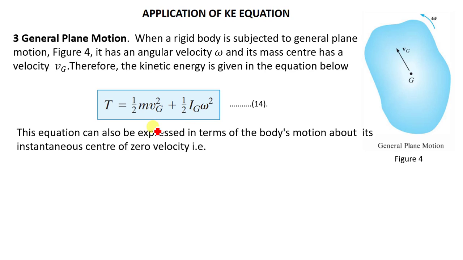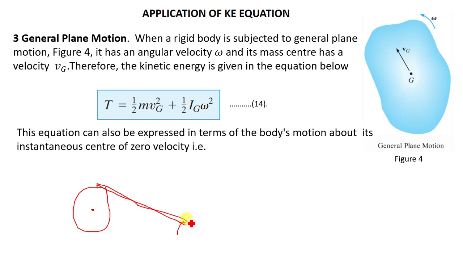of zero velocity. In statics, remember there was a topic you were introduced to, which involved the instantaneous center of zero velocity. For instance, when you have maybe a wheel like this, then you have something leaning on it, and this point is fixed somewhere there, and you also have a wheel there.